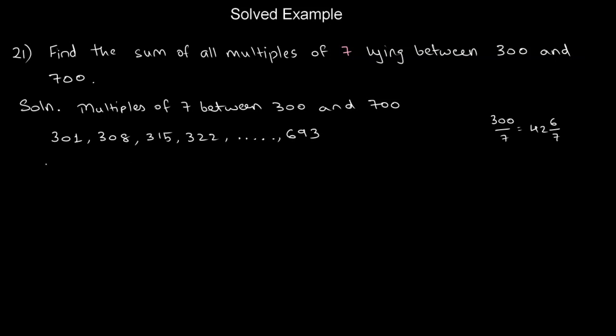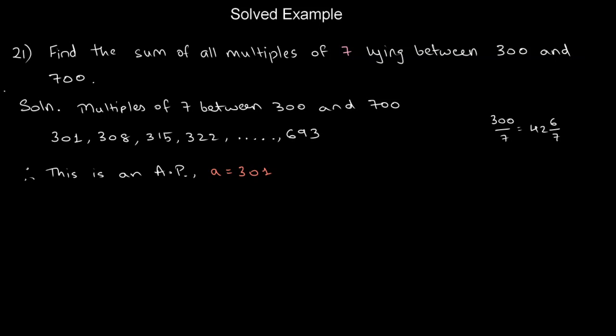As you can see, this is forming an arithmetic progression where the first term a is equal to 301.